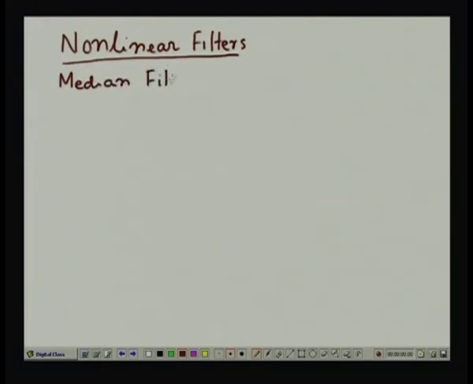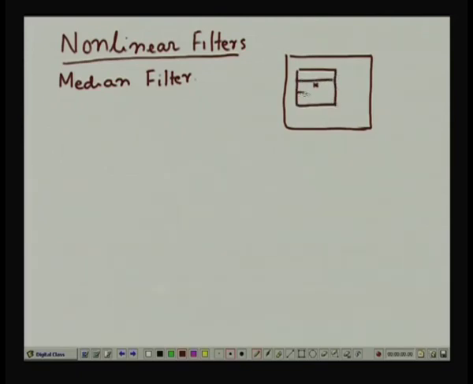In the case of a median filter, I have an image, and around point x y, I take a 3 by 3 neighborhood and consider the intensity values of all the 9 pixels in this 3 by 3 neighborhood.